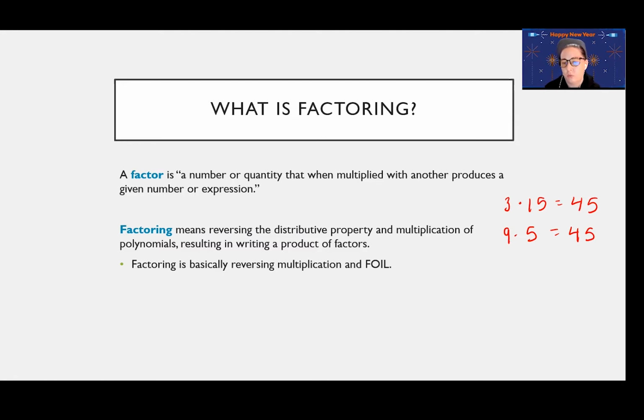Last week, we were learning about how to multiply polynomials, and we had a lot where we had 2 things times 2 things. Factoring is undoing that, where you're taking a polynomial and you're going to write it so you basically have 2 things times 2 things. So we are completely undoing what we did last week, learning how to reverse that process, reverse the distributive property, reverse FOIL. So that's what we're doing.